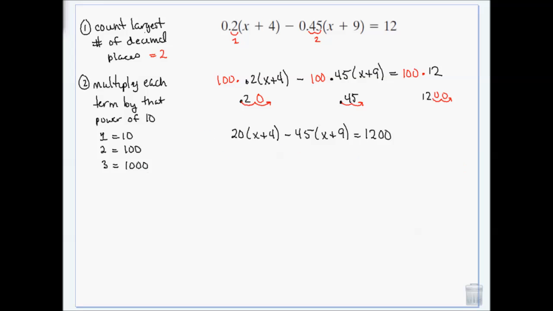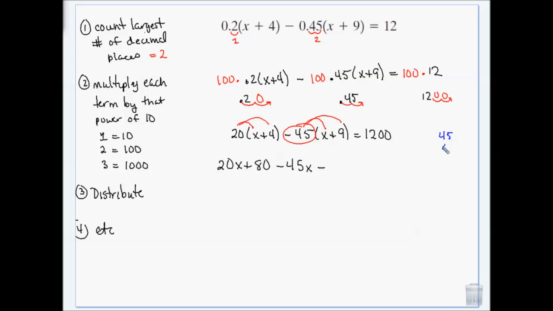Then I'll distribute. And I'm just going to say etc. because we've already got the steps for the rest. So I'm going to multiply 20 times and 45, negative 45, don't forget the negative. So that gives me 20x plus 80 minus 45x minus, anybody have your 45s memorized? No? Okay.